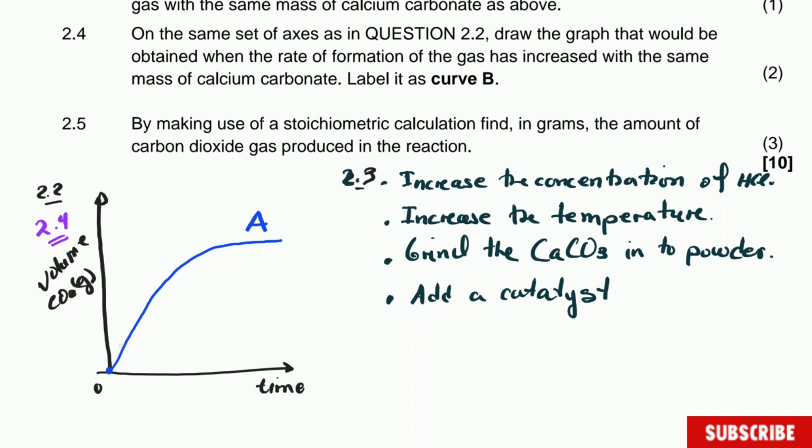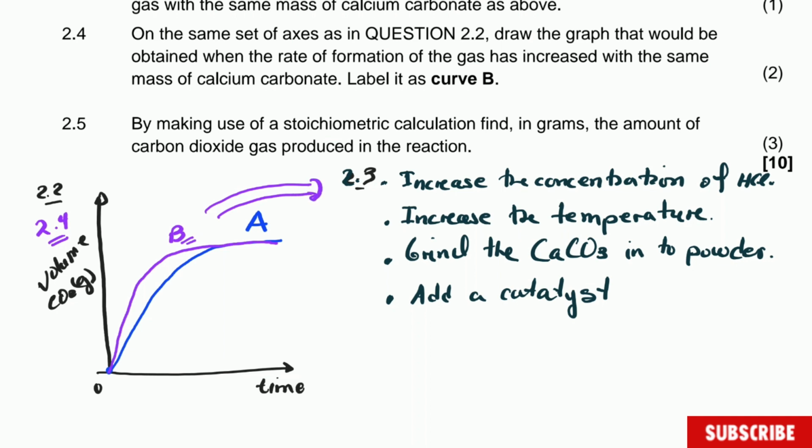Remember, this graph is going to be a higher rate and therefore is going to be above this one. It doesn't matter how far above, but it's going to end at the same point, and that graph is curve B.